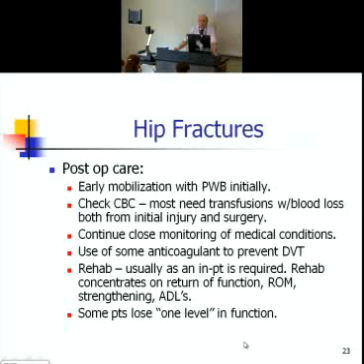Post-op care, early mobilization with partial weight bearing. PWB means partial weight bearing. FWB means full weight bearing. Basically, here's the thing that you have to understand about partial weight bearing. Many patients think, well, non-weight bearing, which of course would be NWB.